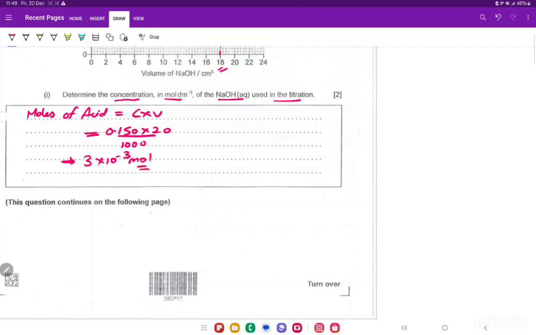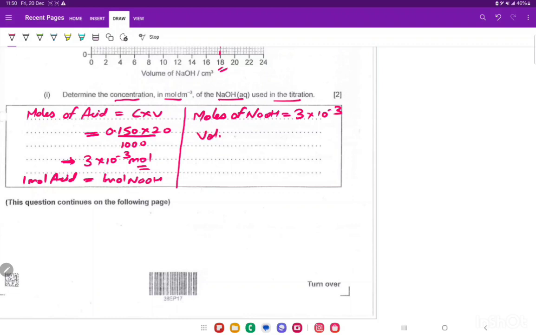Now, since it is a monoprotic acid, 1 mole of acid will react with 1 mole of base, 1 mole of NaOH. Therefore, the moles of NaOH will be equal to the moles of acid, which is 3 × 10⁻³, the same.